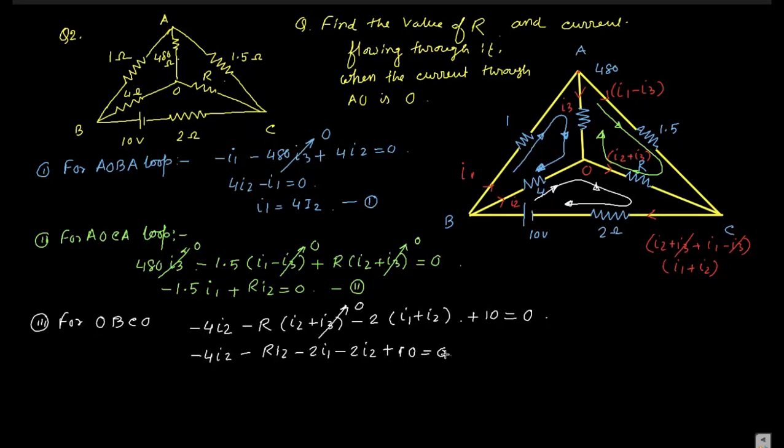Okay, so if I3 is 0, then 2I2 and 4I2 make 6I2, so the equation becomes, taking that.